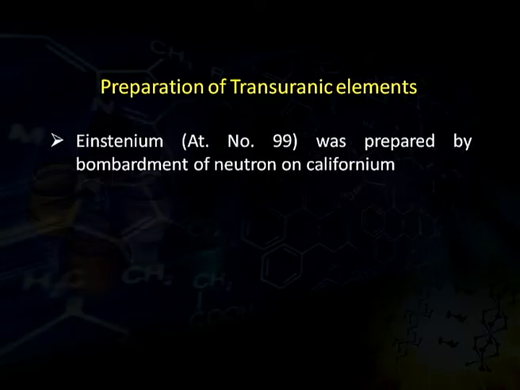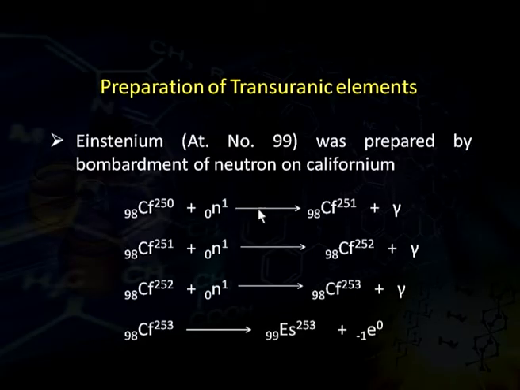Another transuranic element, einsteinium with atomic number 99, was prepared by bombardment of neutrons on californium, which proceeds like this. Californium 250 bombarded with a neutron is converted into californium 251, emitting gamma. Californium 251 again bombarded with a neutron is converted into californium 252, emitting gamma.